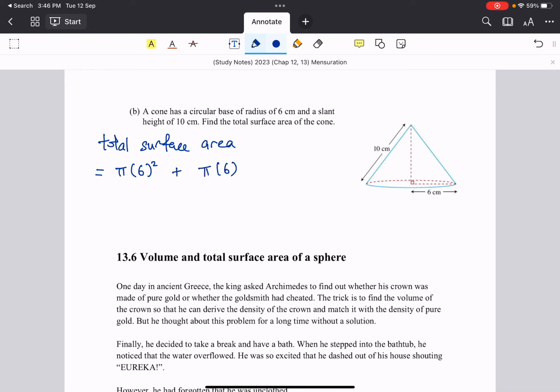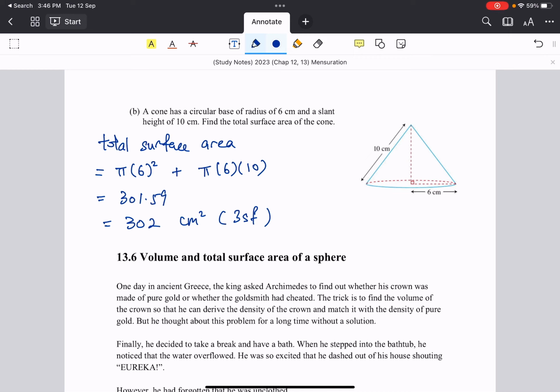Pi, r is 6, l is 10, which is equal to 301.59, and ends up as 302 square centimeter when corrected to 3 significant figures.